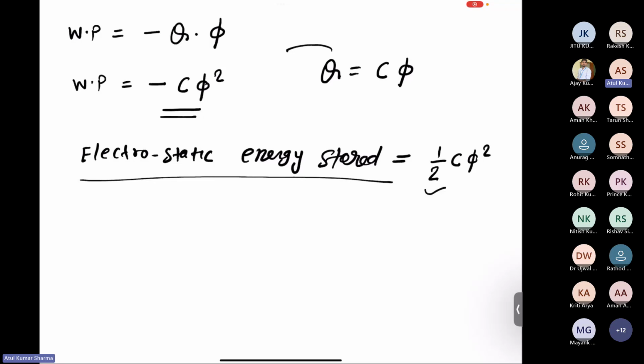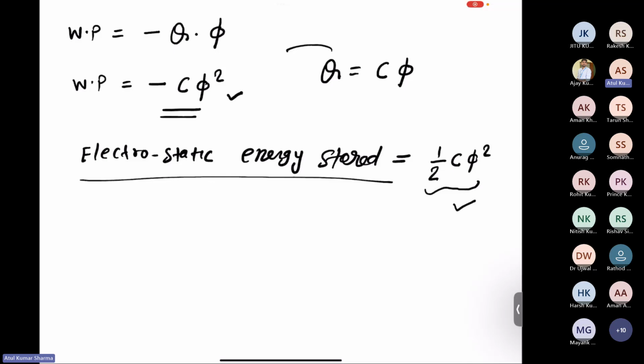This expression, hopefully you have gone through, half CV square or half C phi square, is the energy stored in the capacitor, any capacitor, because we have not yet defined the C for the case of a parallel plate. So the work potential is minus C phi square, and the energy stored is half C phi square.